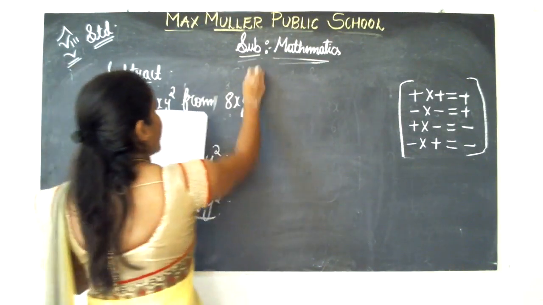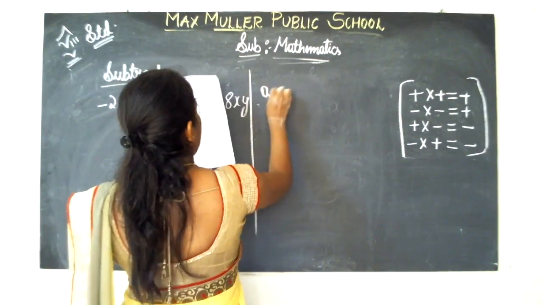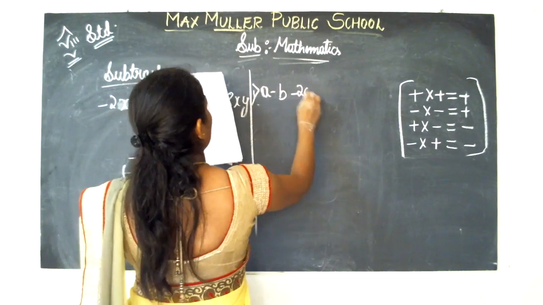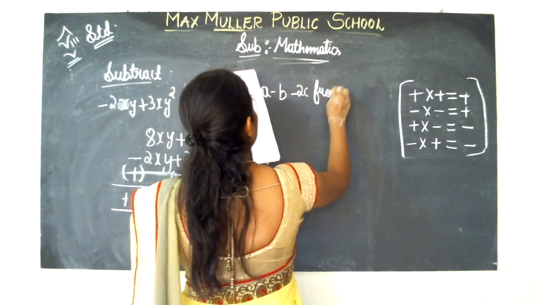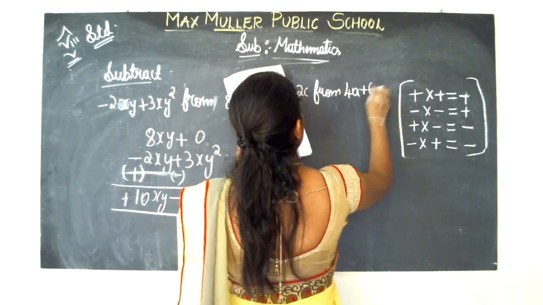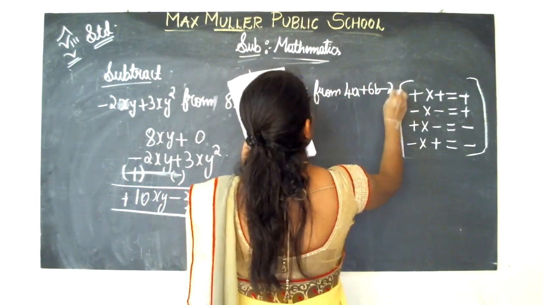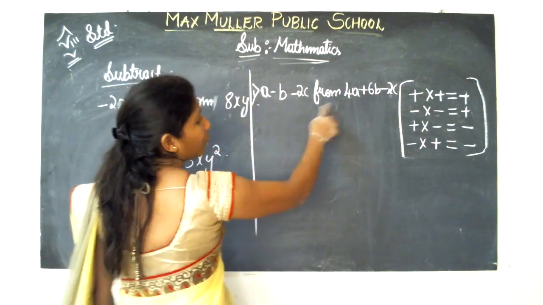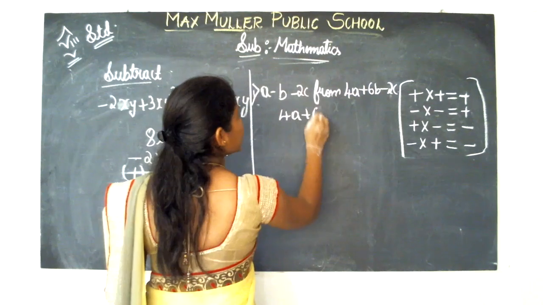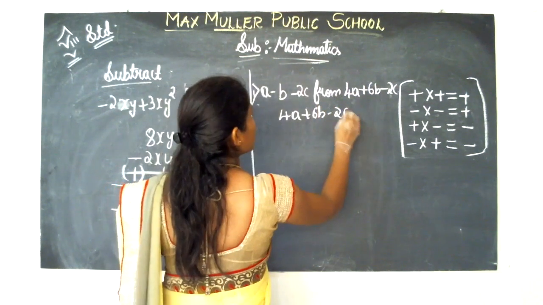Next problem, that is a minus b minus 2c from 4a plus 6b minus 2c. So what they have given here? 4a. Write that expression, 4a plus 6b minus 2c.